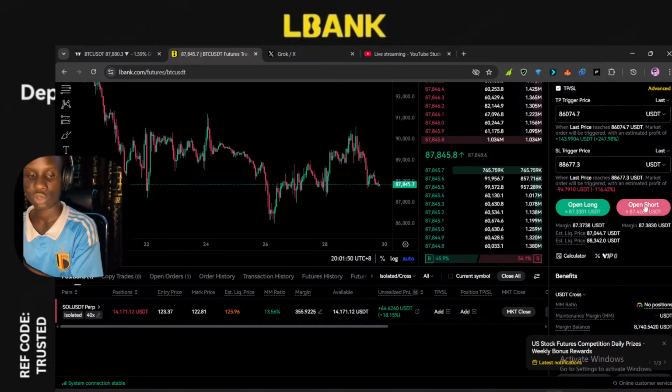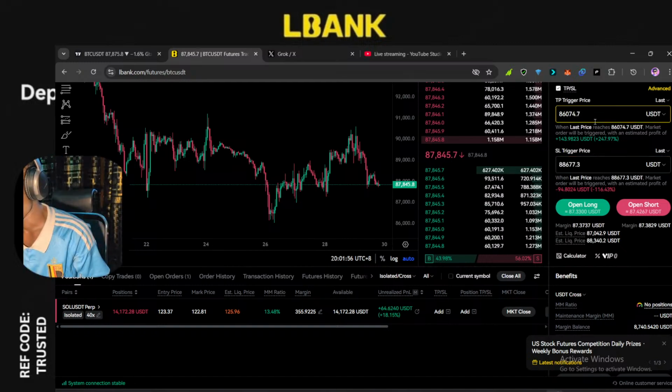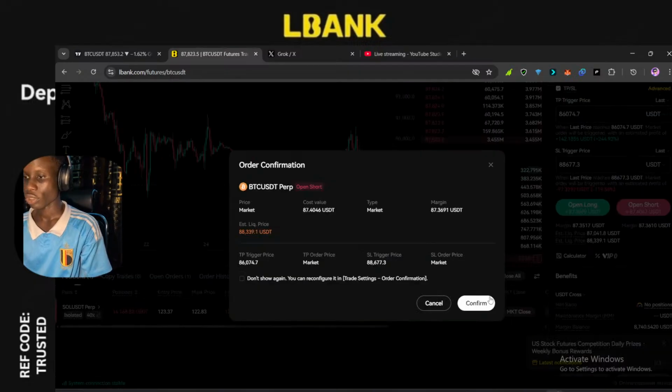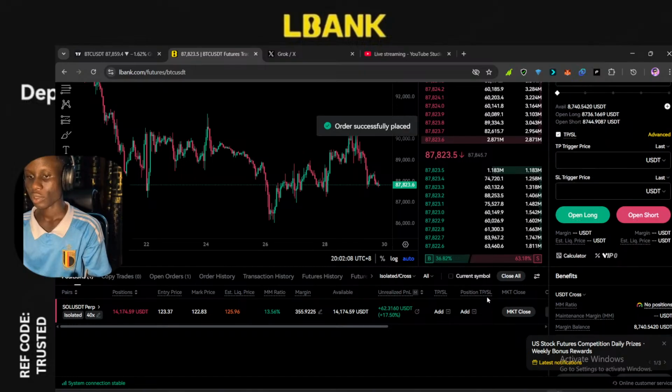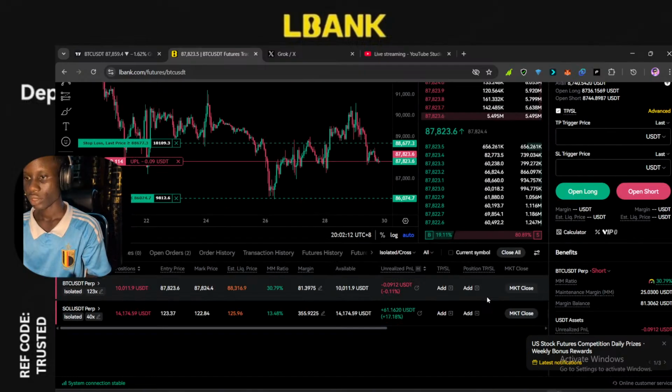So we've already placed our stop loss. We've also added our take profit. So we are going to do the placing now: open short, and you confirm. You can see the order has just been added.